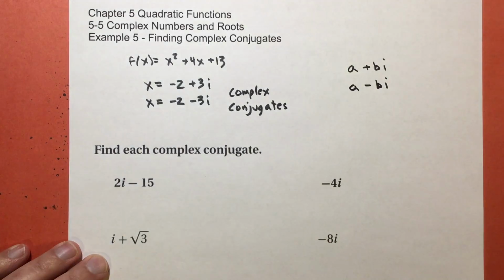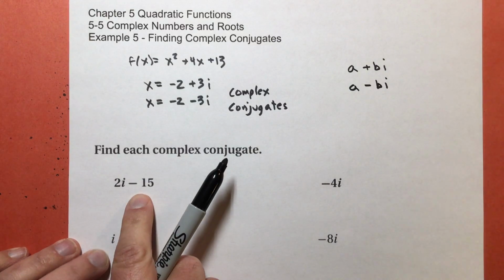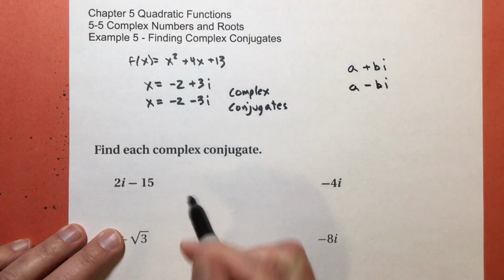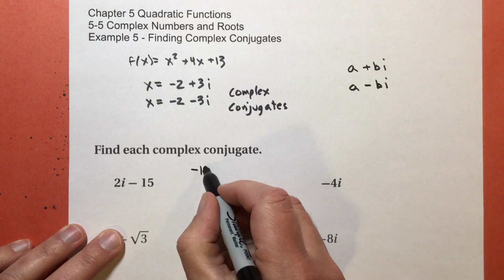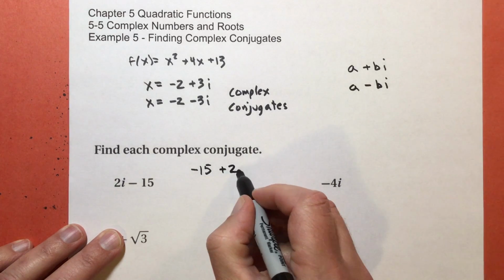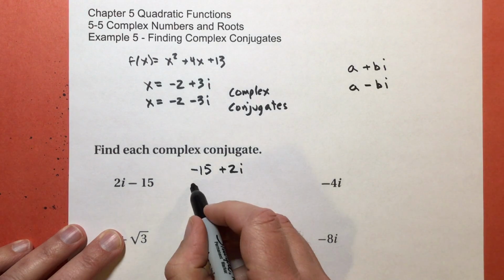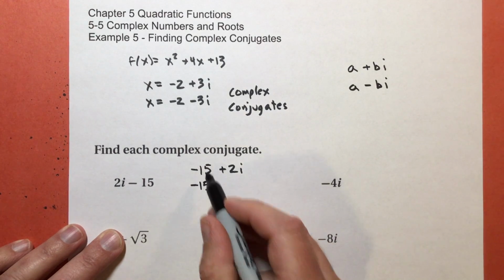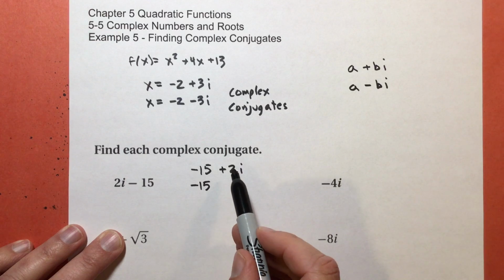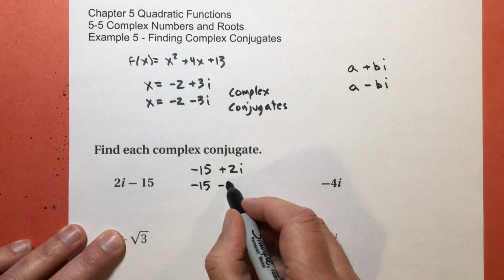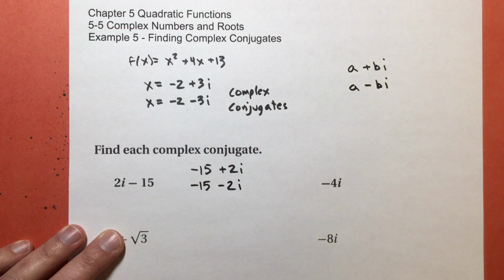Easy. So let's look at this problem. I don't like that they did this. They're tricking you. This is actually negative 15 plus 2i. Let's write it that way. So its complex conjugate: the negative 15 stays the same. The real part stays the same. But the positive 2i becomes negative 2i. And that's all there is to that.